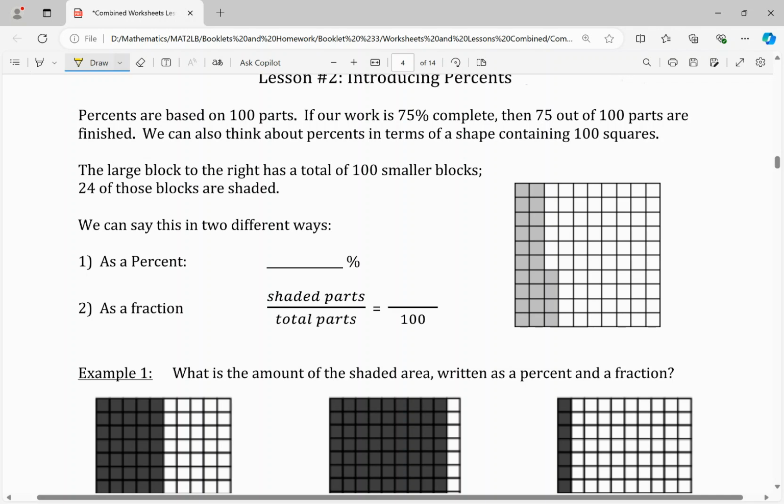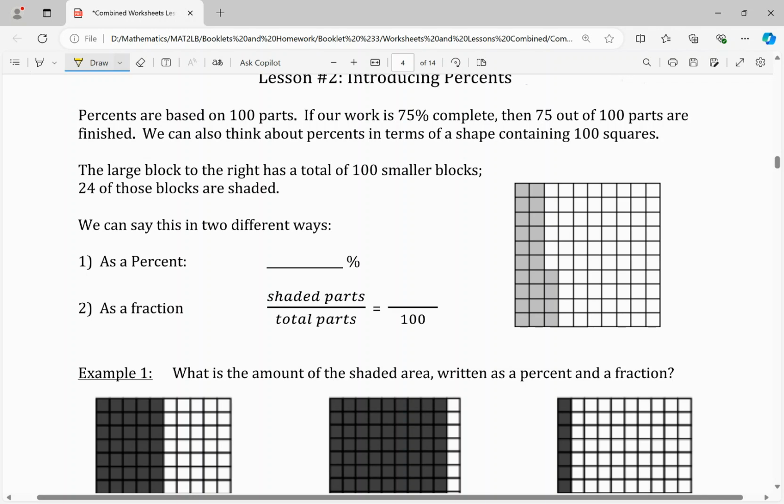Let's start filling in the lesson. Percents are based on 100 parts. If our work is 75% complete, then 75 out of 100 parts are finished. We can also think about percents in terms of a shape containing 100 squares, each square being 1 part, or 1%.